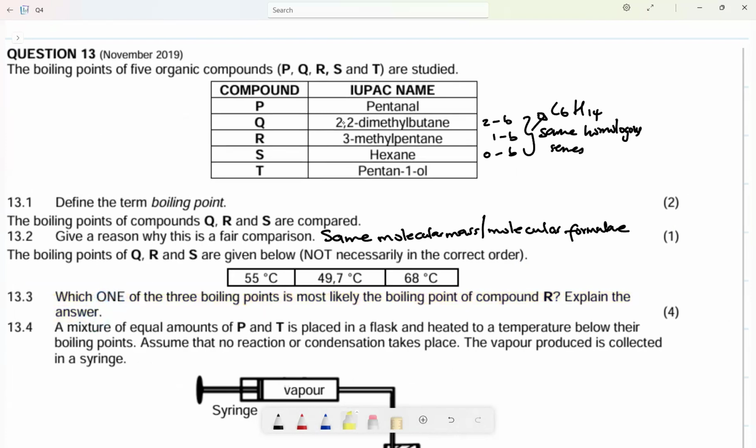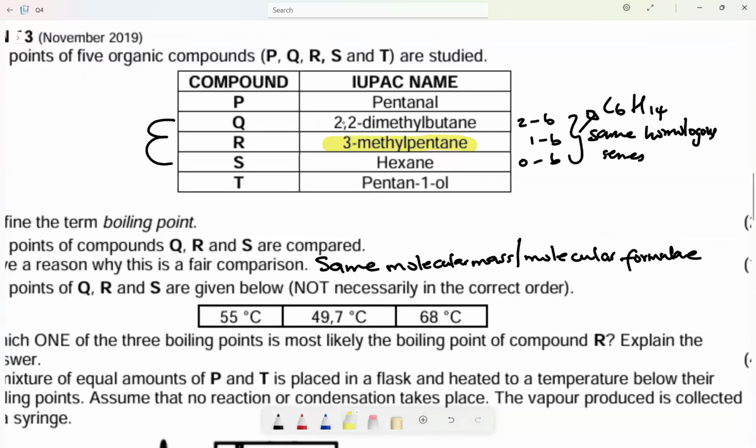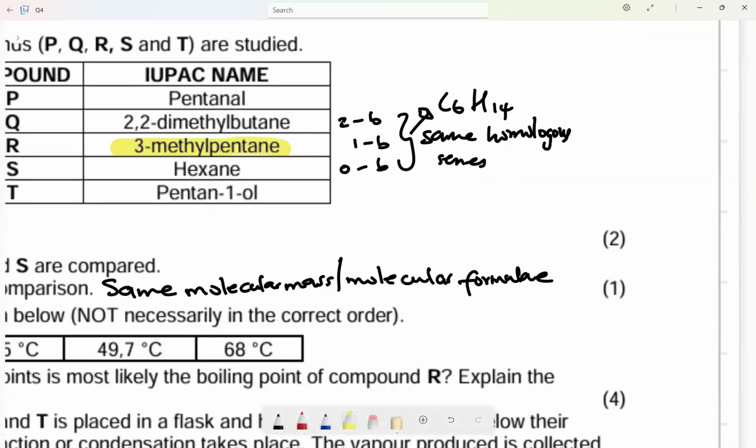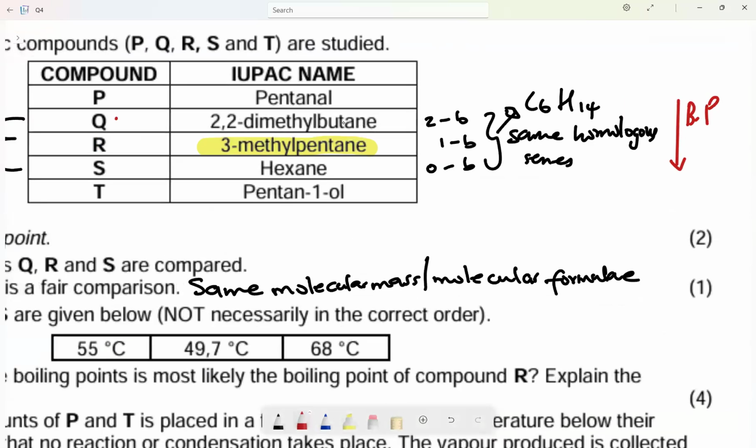Remember, you're comparing between Q, R, and S. The independent variable here is branching, right? As we go down, the branching decreases, so the boiling point increases as you go down. But R is between Q and S, so its boiling point should be between. So its boiling point is 55 degrees.